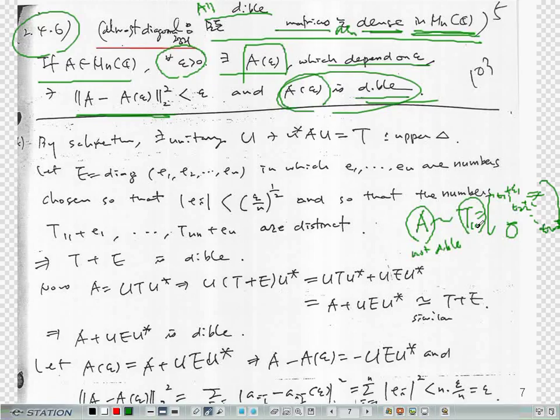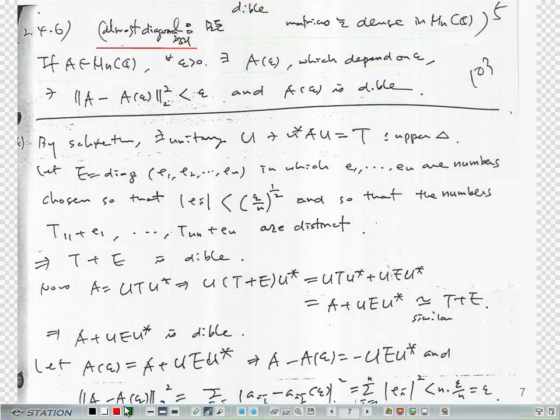Then this is a matrix T with some variation by adding some epsilons in certain places. This is diagonalizable, isn't it? But the distance between these two may not be that big, isn't it? That's the idea. So the proof goes this way.